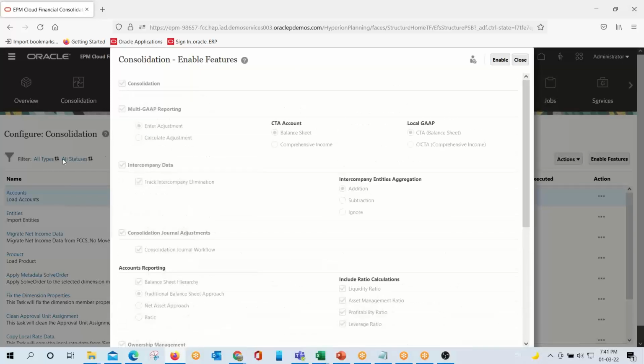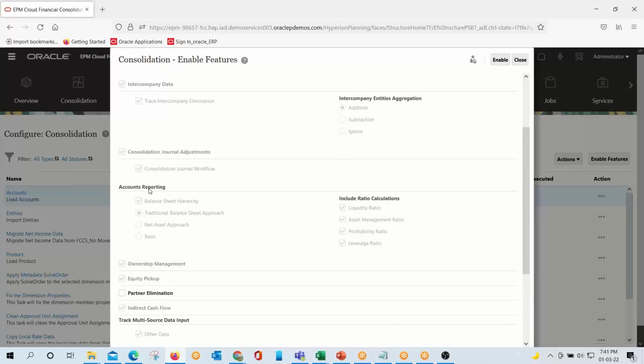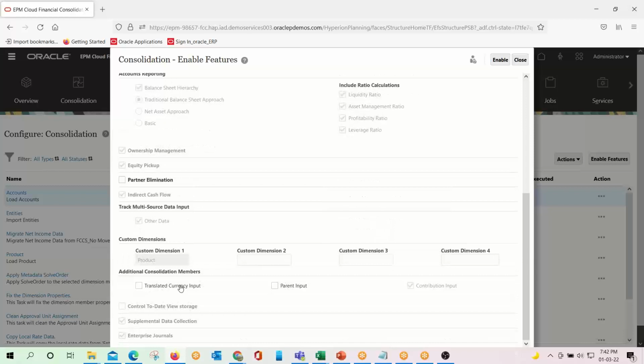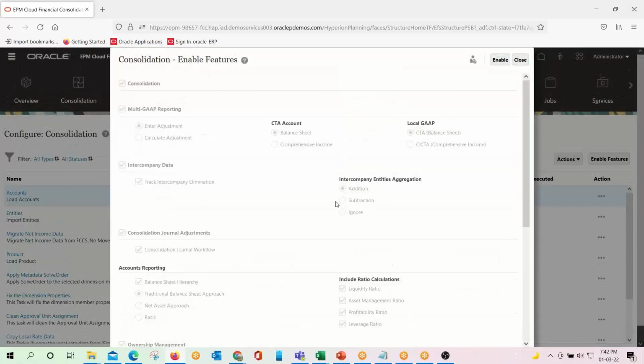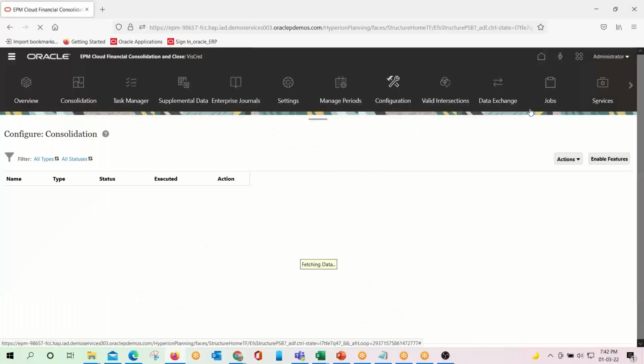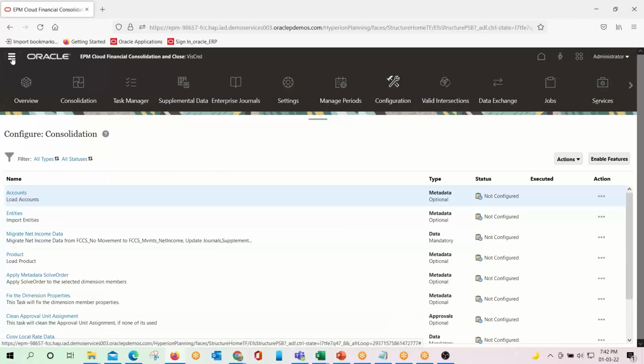This is a typical application with enabled features: consolidation, multi-GAAP reporting, intercompany consolidation, journal adjustment, accounts reporting, ownership management, equity pickup. Those features we will enable and they will be available under this application. So let's go through this.